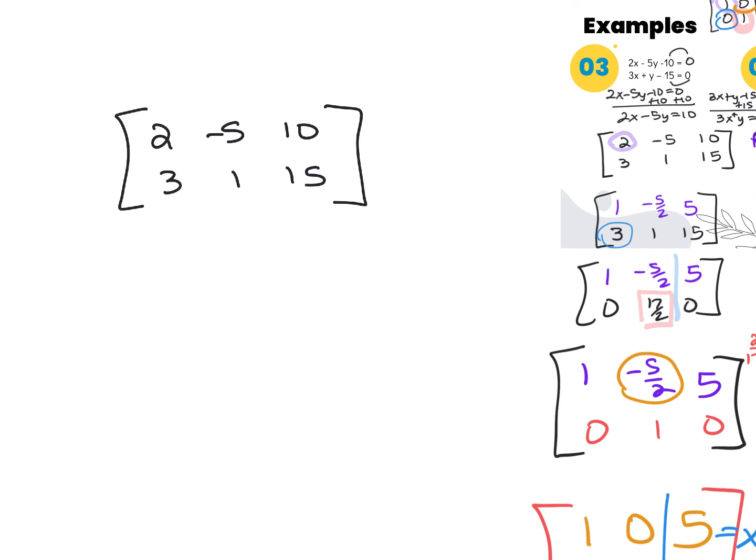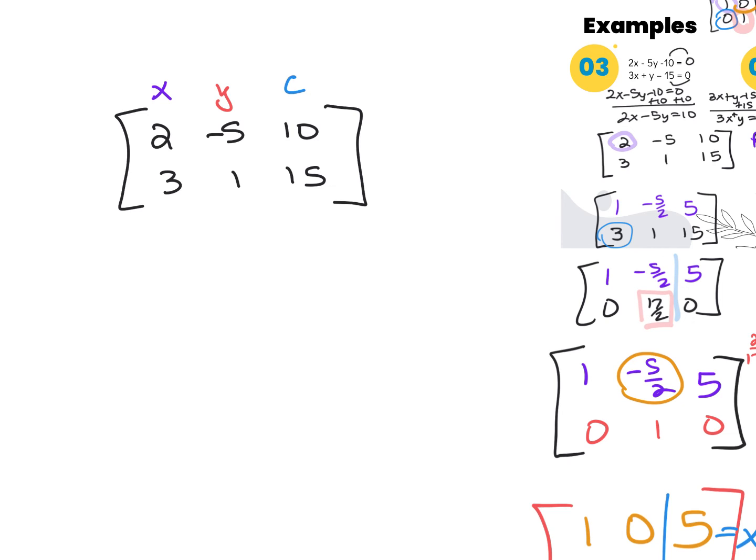What I'm going to do right off the bat is I'm going to switch my columns. Now remember, this was all the X's, this column was all the Y's, and this was the row for the constants. When I do a column switch, it's also going to switch where my answer is going to be.